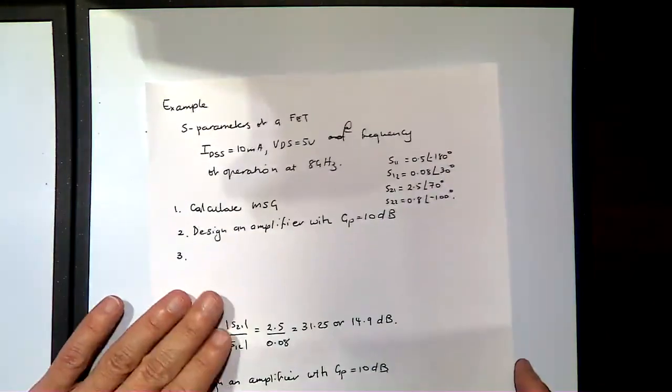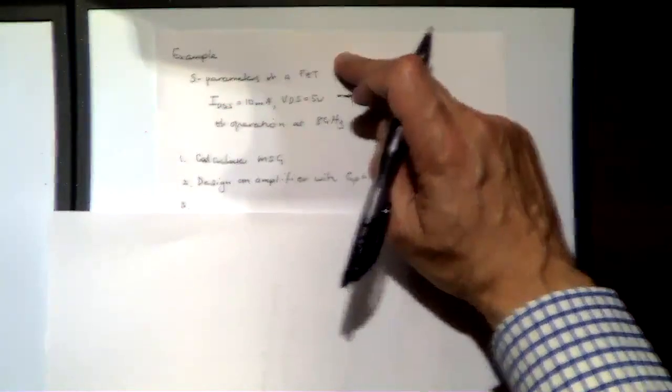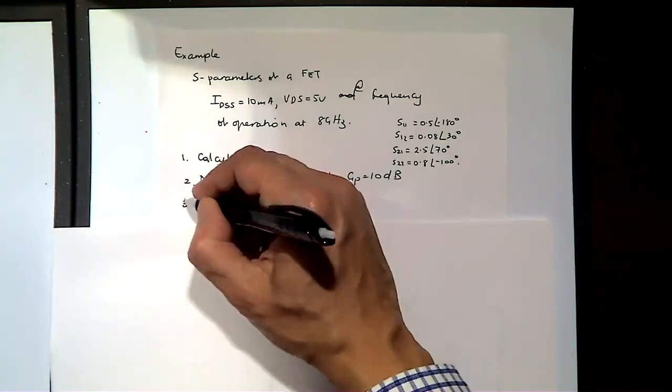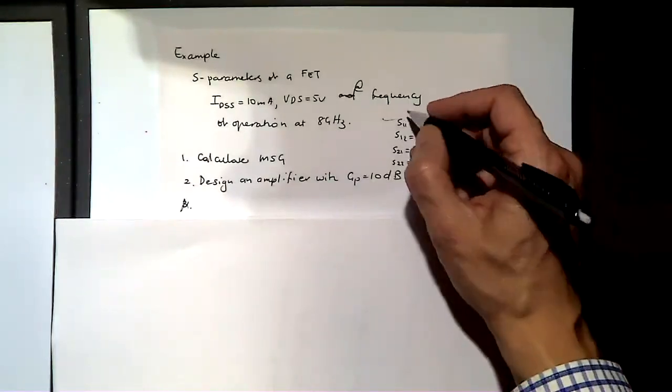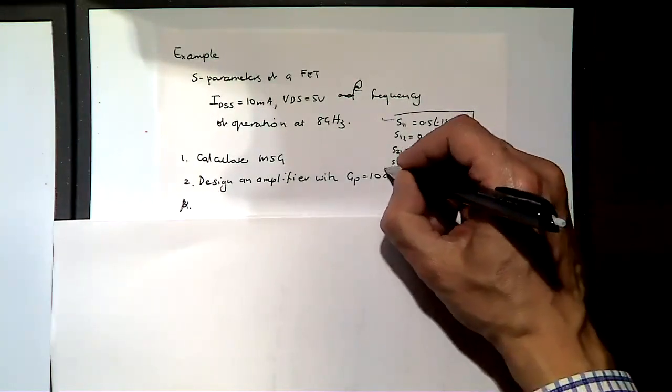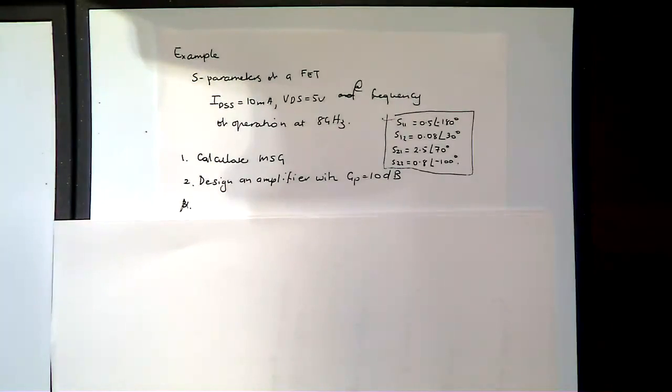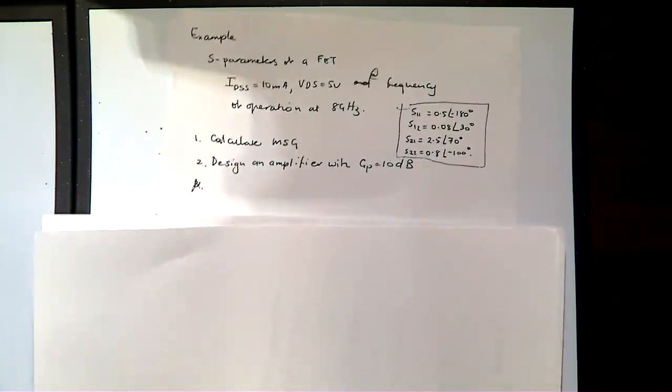Who wants to be brave enough and go through the process for me? So we've got a field effect transistor, and let's remove this. And I've said it's got these scattering parameters. So the first thing is definition. What's the maximum stable gain?